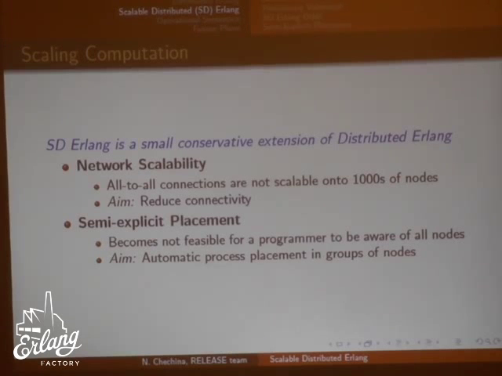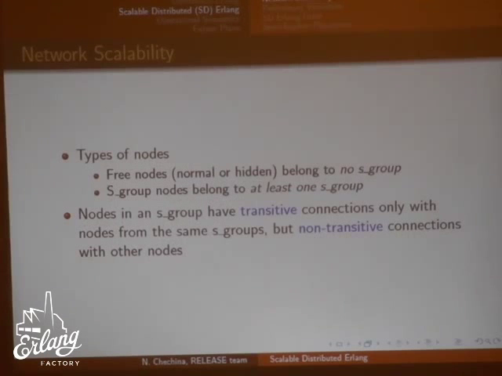And another thing is semi-explicit placement. If we have 100 nodes, we may have some structure in how we name nodes. But in general, it's just impossible to know the whole structure, to spawn processes to particular nodes everywhere. So that's another thing.